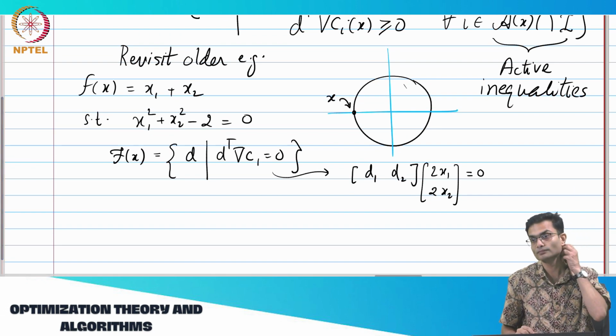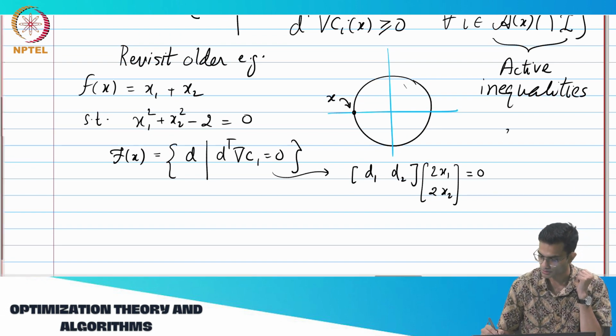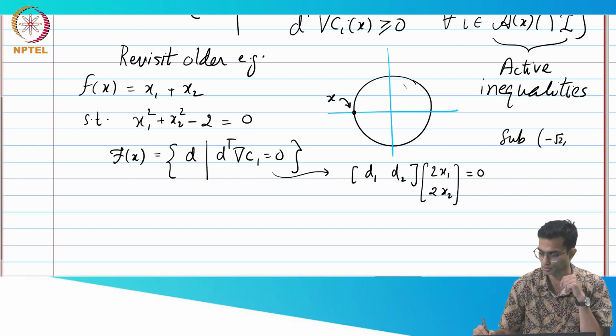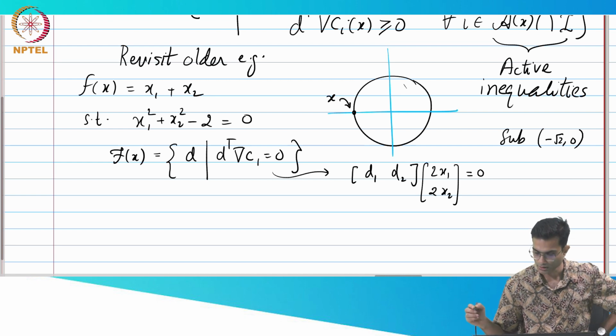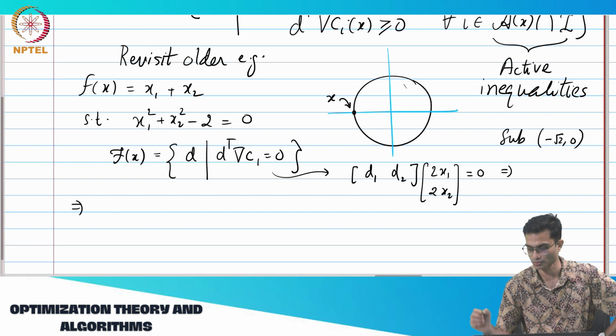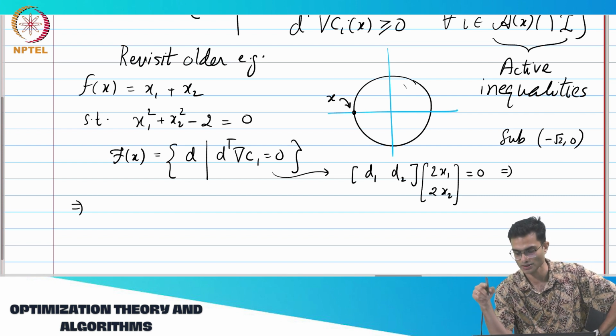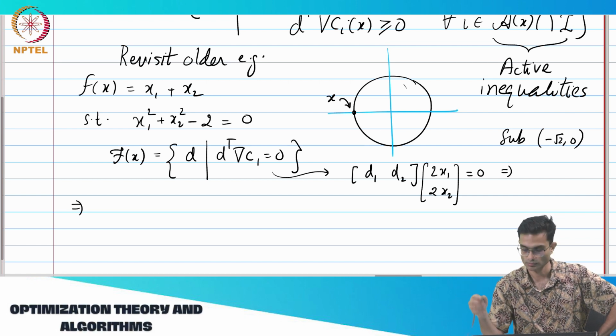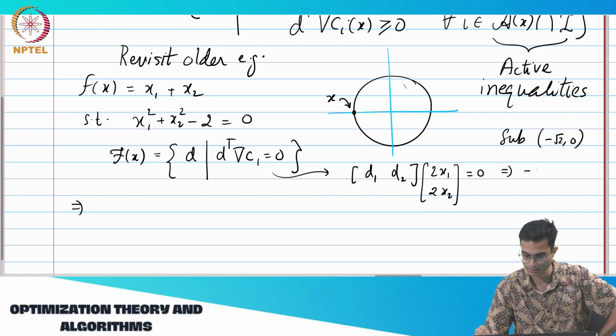Right? So now what do I do? Substitute. What is this point? Minus root 2 comma 0. So if I substitute, x1 is minus root 2, so d1 into minus 2 root 2 plus d2 into 0 equals 0. This is simply going to give me minus 2 root 2 d1 equal to 0.